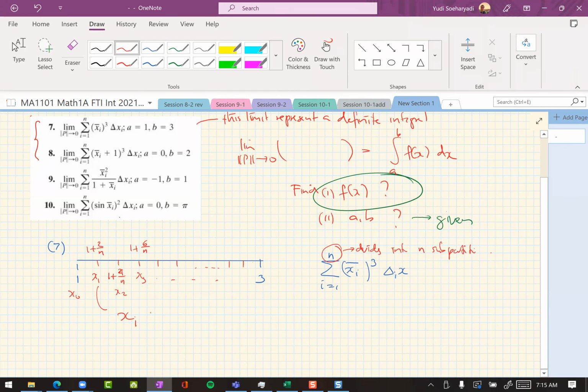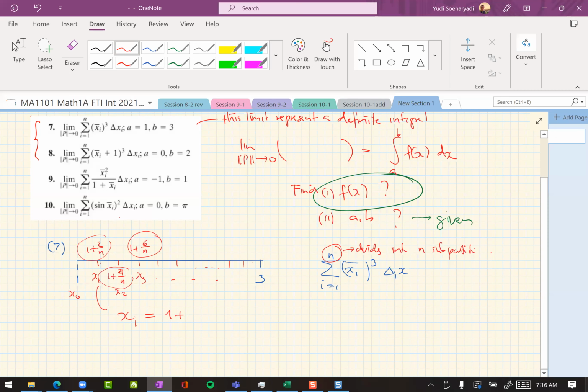So x_i is 1 plus, okay, what's the formula you think? What is the formula for x_i? This is x1, this is x2, this is x3.